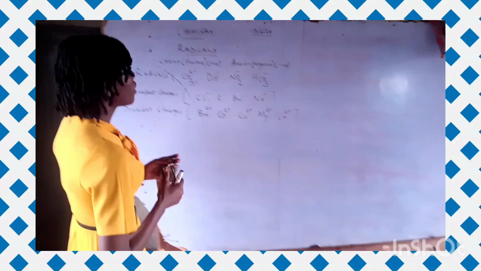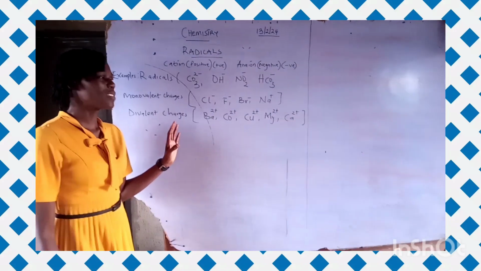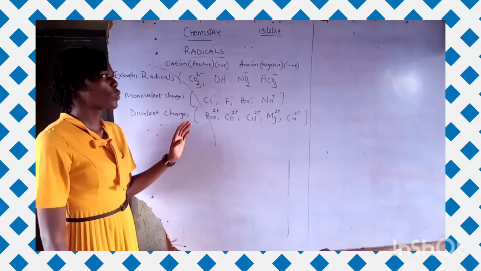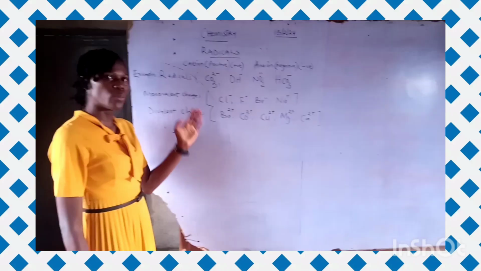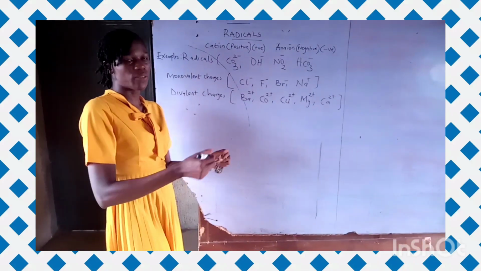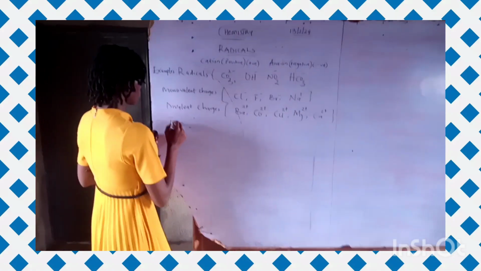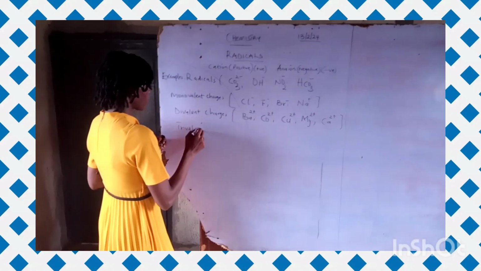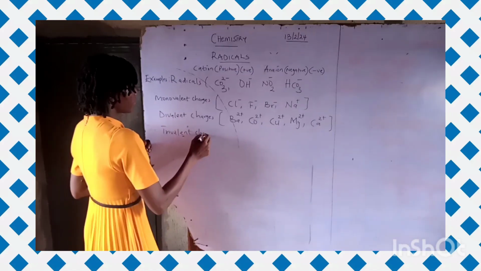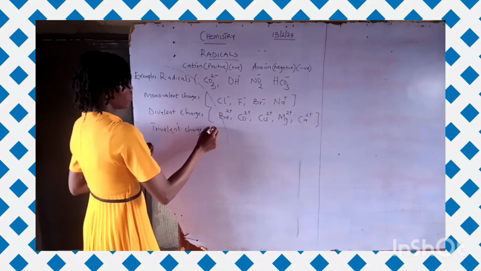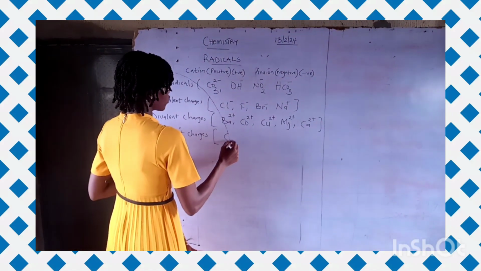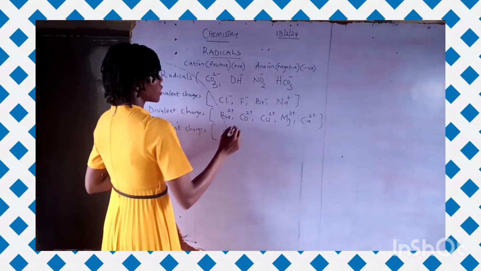I also advise you to find time to go into the radicals and the charges of some known elements. Some of them are trivalent, elements that have three charges. We have chromium 3 plus and aluminium 3 plus.